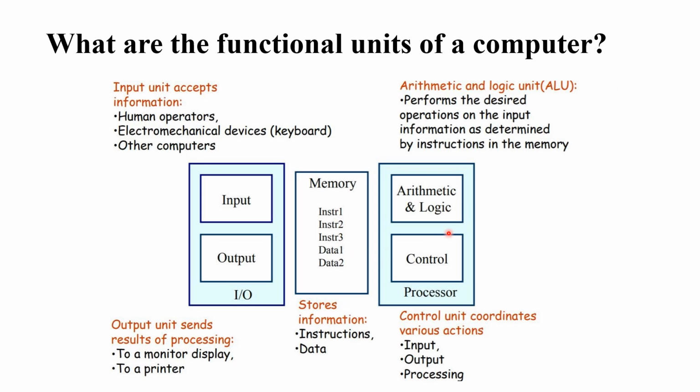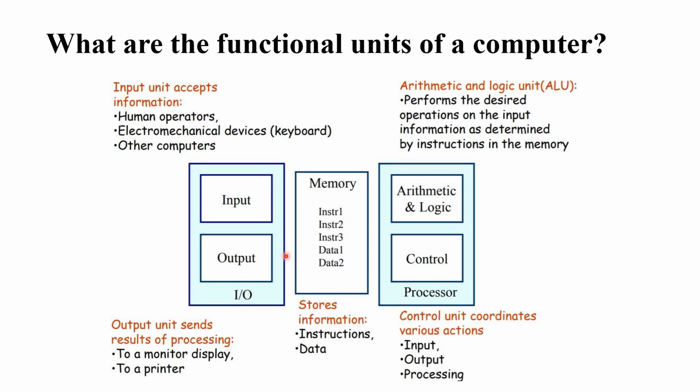It has two parts: ALU, or arithmetic logic unit, and CU, control unit. ALU performs math and logical operations. CU directs how data moves within a computer.